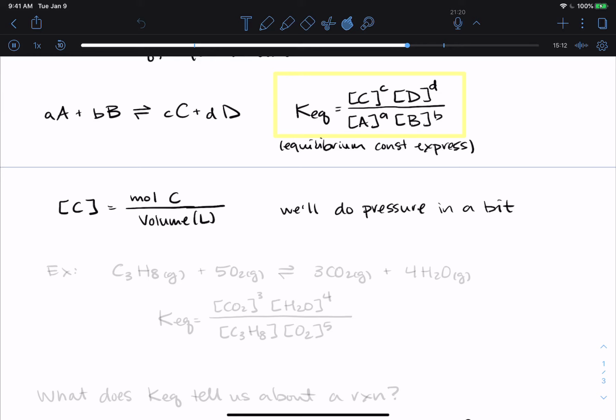So what this would look like, and we're even going to do this for a reaction that has all gases in it. My reaction is going to be the combustion of propane: C3H8 gas plus 5 O2 gas in equilibrium with 3 CO2 gas and 4 H2O gas.